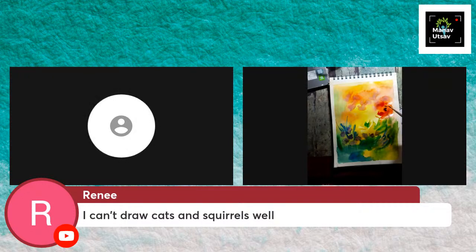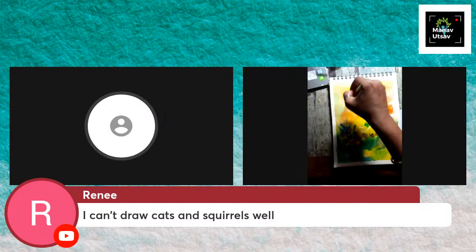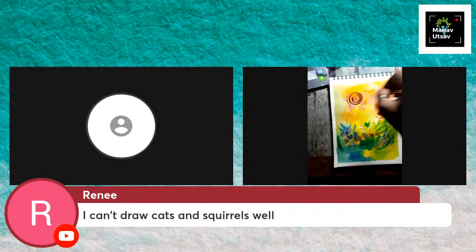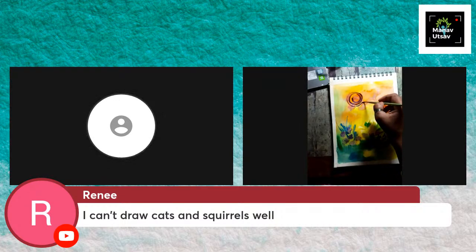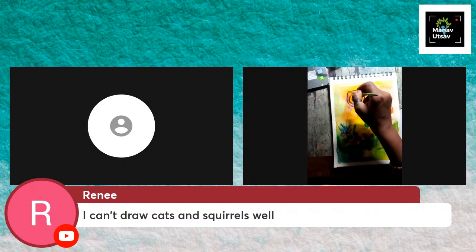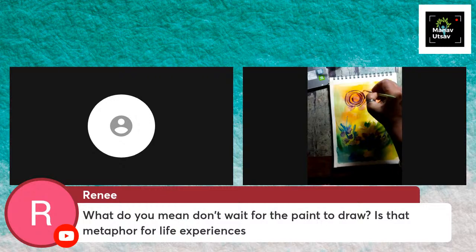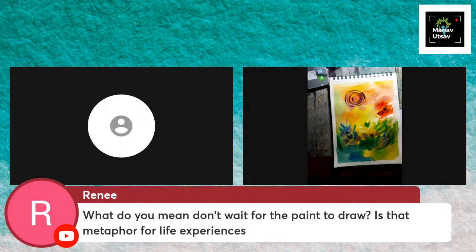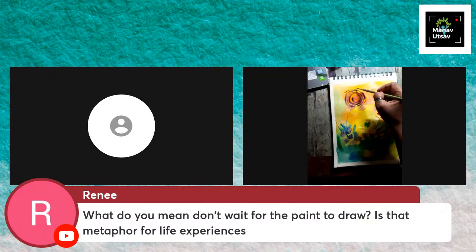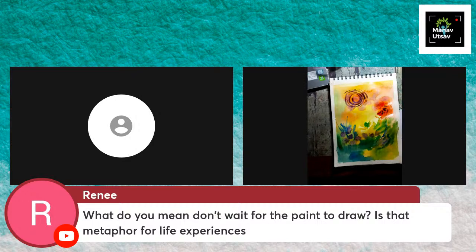Yes, there is another comment from Rennie who says that I can't draw cats and squirrels well. That's reassuring. I can't draw either. Yeah, exactly. See, maybe if you can draw, that's wonderful. And if a cat makes you happy, you can draw it, and you can use these happy colors to make the cat.